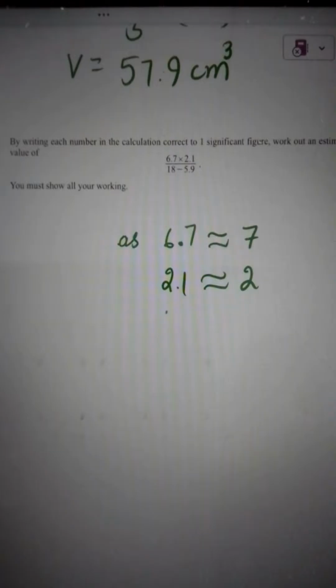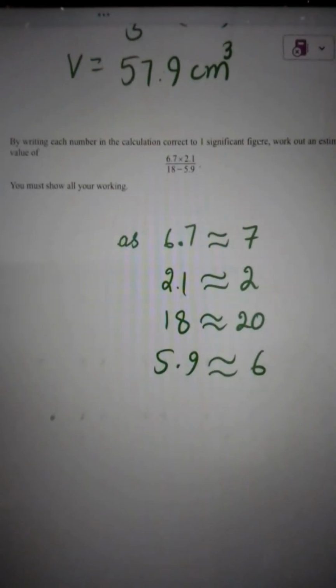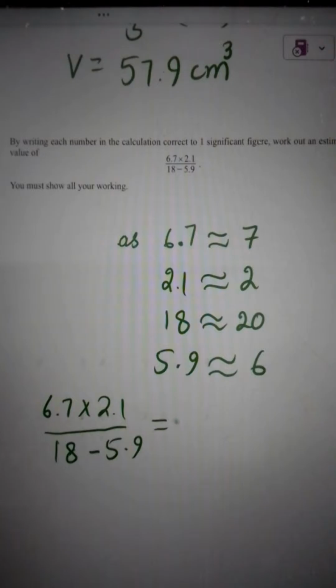So 18 is close to 20, a whole number. And 5.9 is close to 6. By replacing all of them with these numbers, the given expression 6.7 multiplied by 2.1 divided by 18 minus 5.9 becomes 7 multiplied by 2 divided by 20 minus 6.